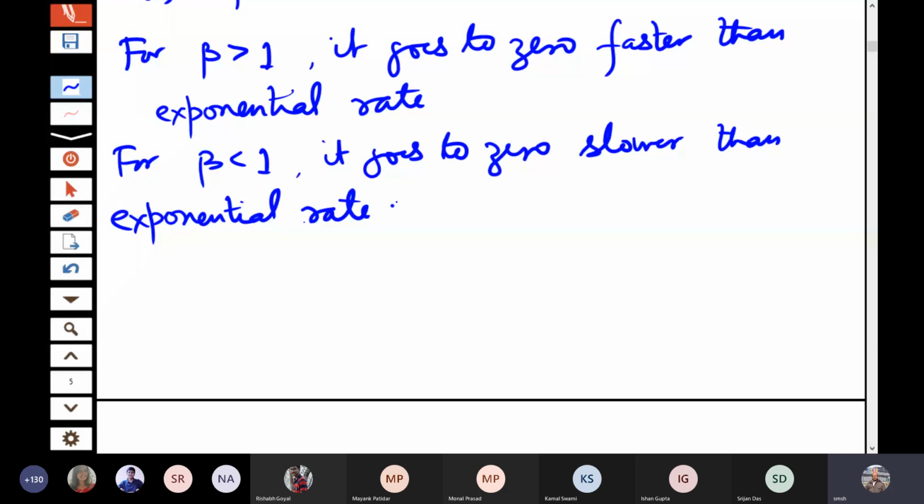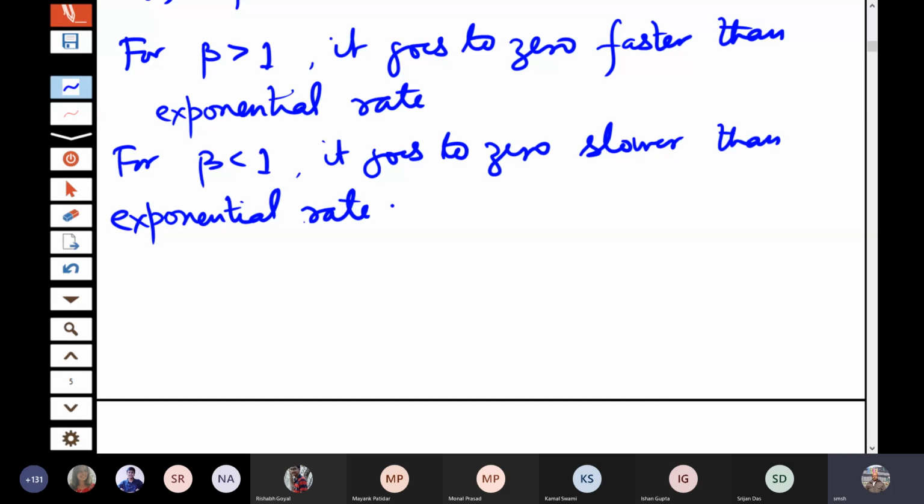So basically what I am trying to explain here is that you can model various kinds of systems using this. You can model those systems which are very, very robust, even more robust than exponential. You can model those who are less robust than the exponential.